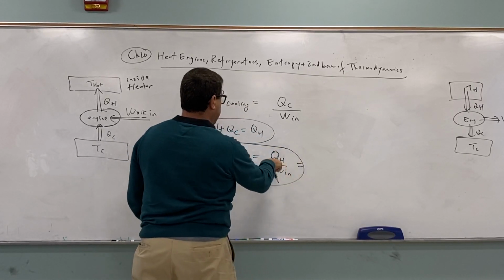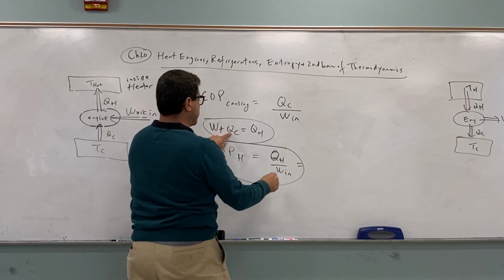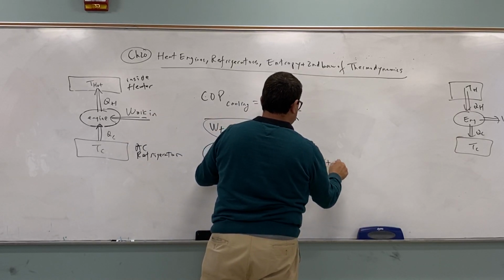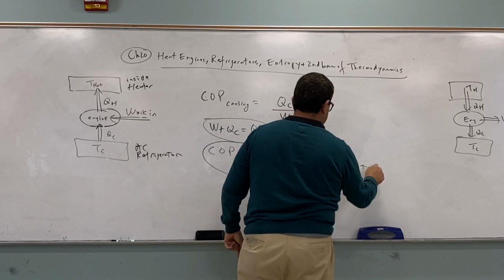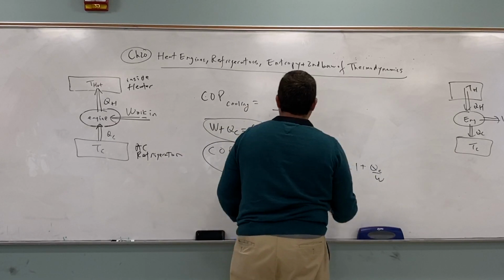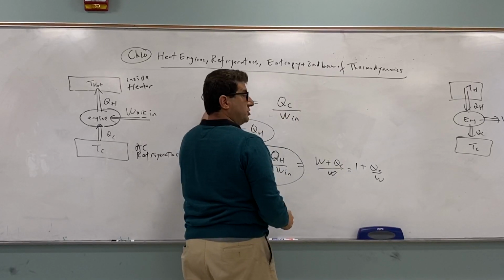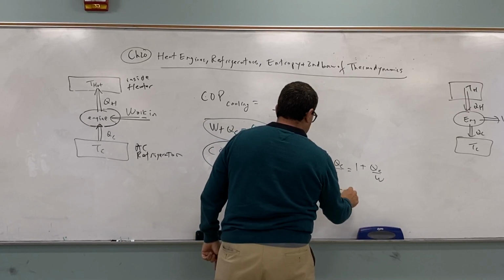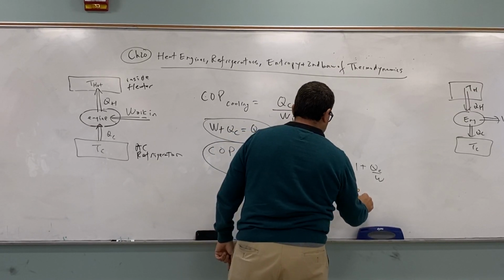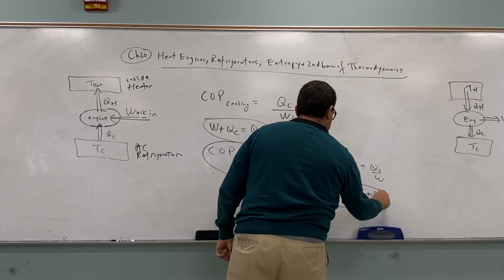But since QH is W plus QC, over W, this cancels this, 1 plus QC over W, and then QC over W is COP. So that means COP_H is COP_C plus 1.